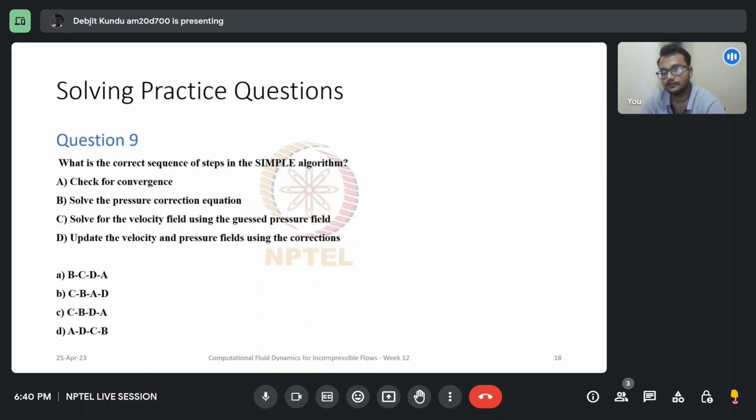C, solve for the velocity field using the guessed pressure field. D, update the velocity and pressure fields using the corrections. Then there are 4 options given below: BCDA, CBAD, CBDA and ADCB. You have to pick out the correct sequence which is appropriate for the SIMPLE algorithm.